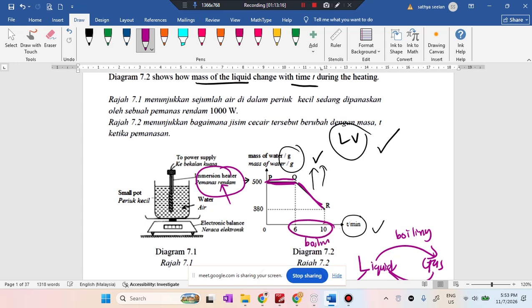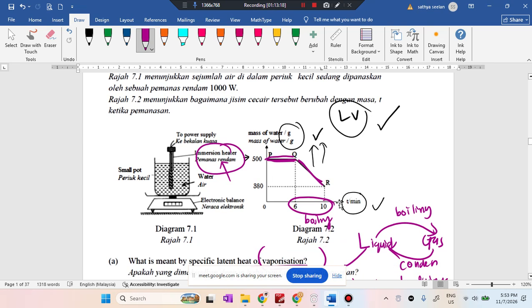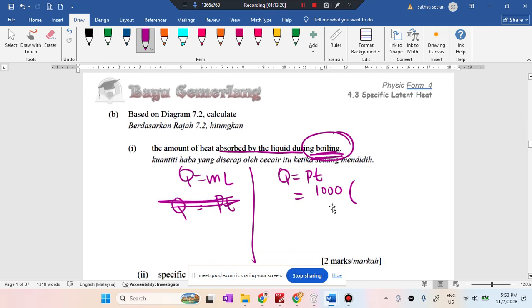This is boiling. That means 4 minutes, right? Okay, 4 minutes, we multiply by 60. 240,000 joule.